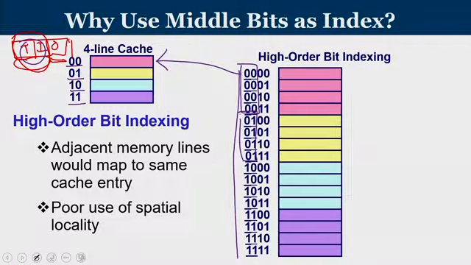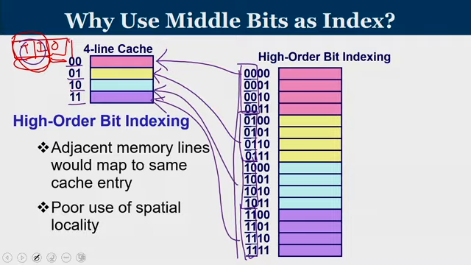All lines whose most significant bits are 01 will get mapped to the yellow set, 10 to set number 10, and 11 to set number 11. So it is higher order bit indexing.